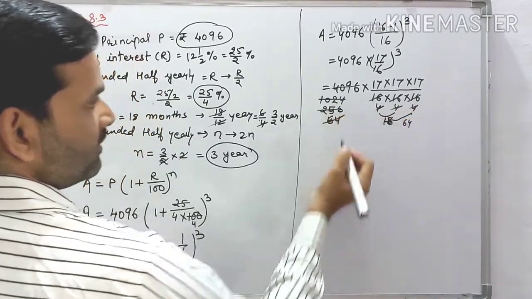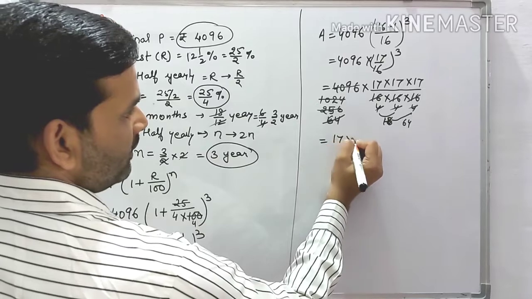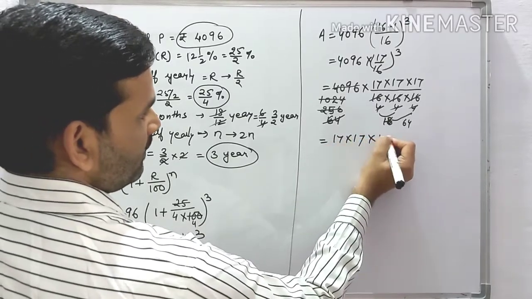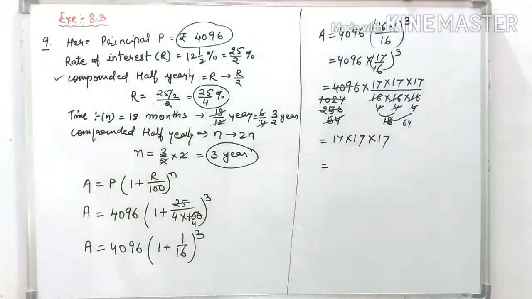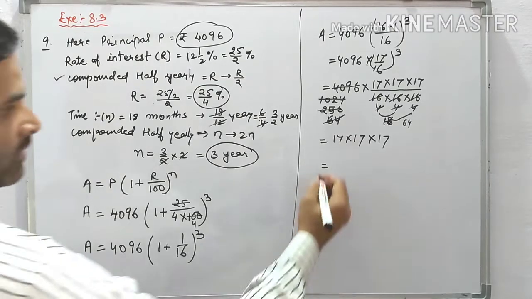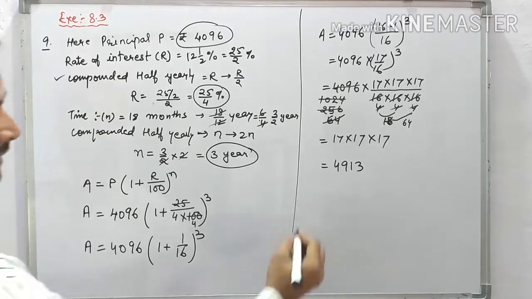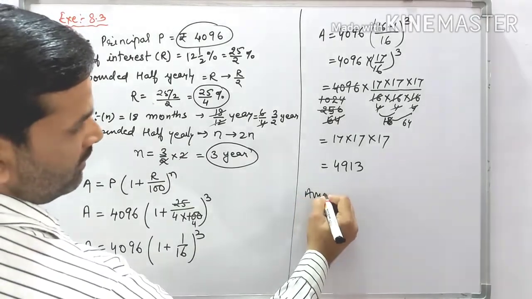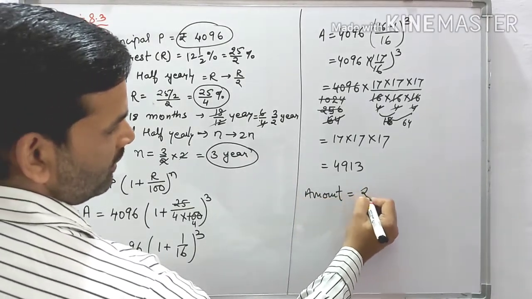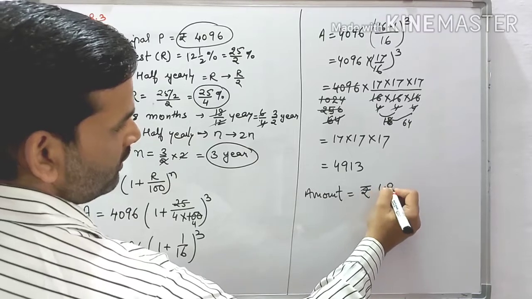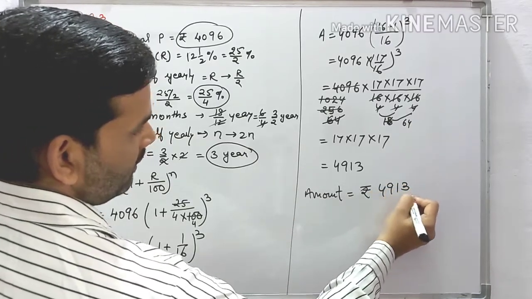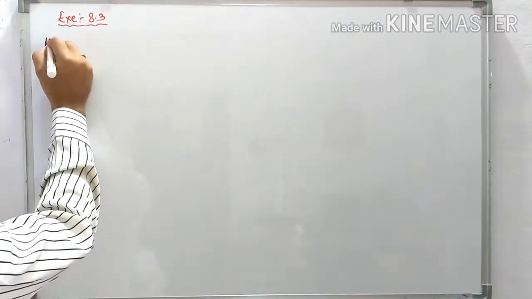After cancellation, the answer is 17 into 17 into 17. After multiplication, the total is 4913. It means that the amount is rupees 4,930.